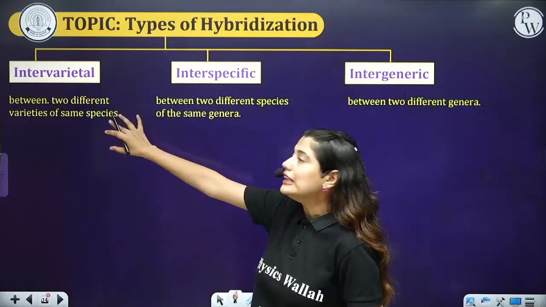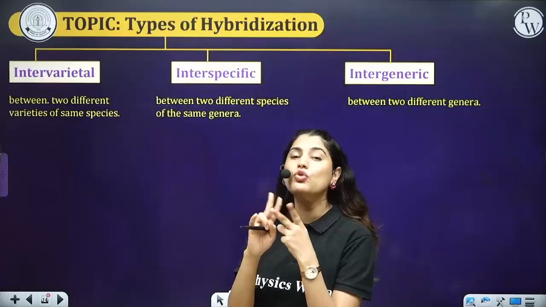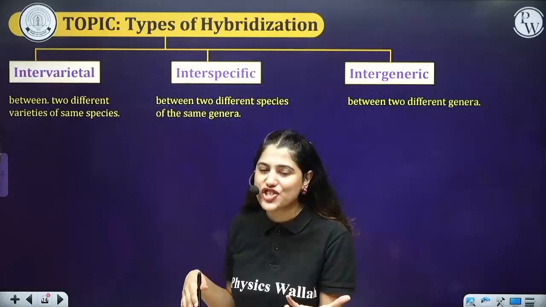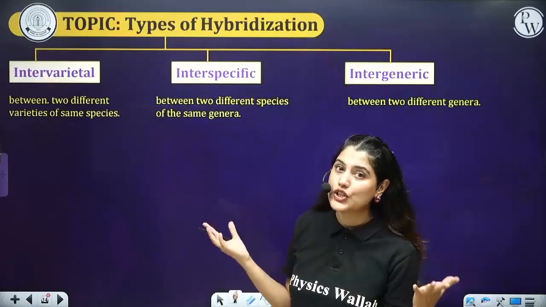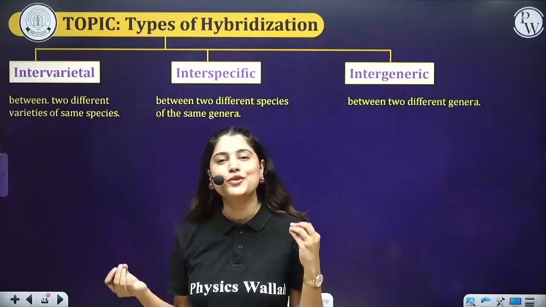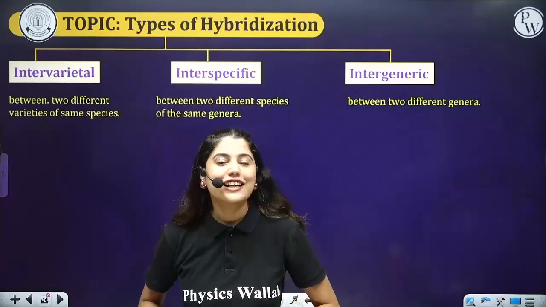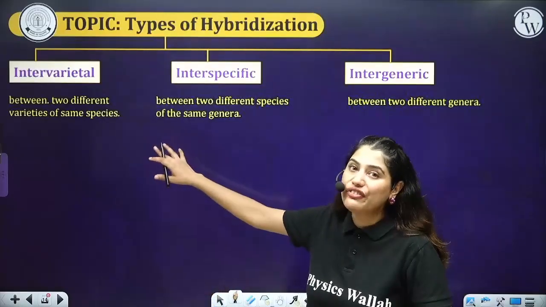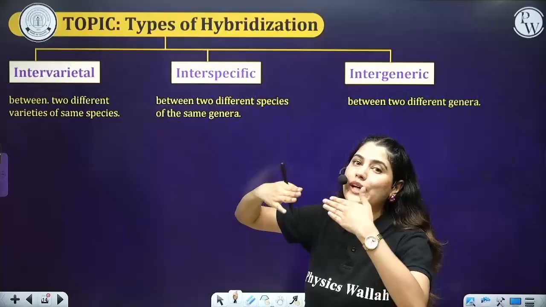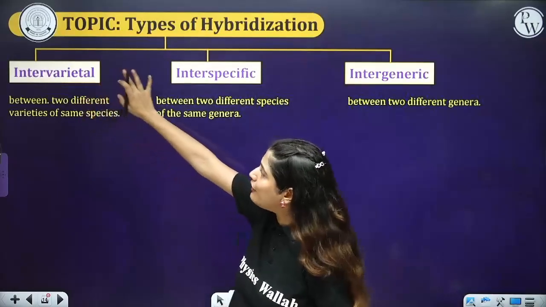Now the intervarietal one is where we are making a cross between two varieties of the same species. You'll be like, ma'am, what are these words? Species, genus, what are these words? These words are going to come up in your diversity chapter, right? So if a cross is between two varieties of the same species, we call it intervarietal.